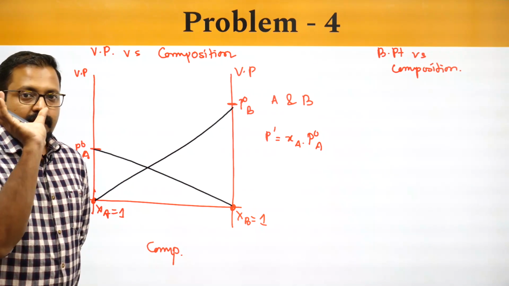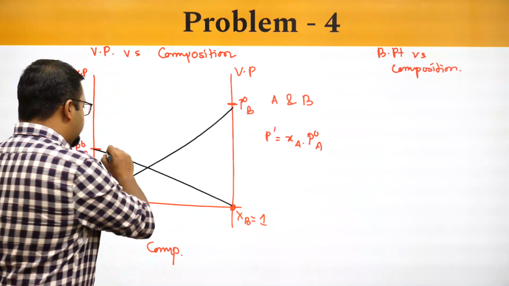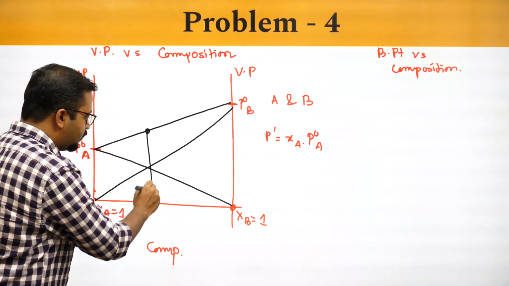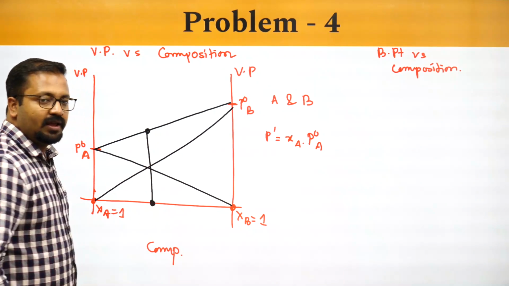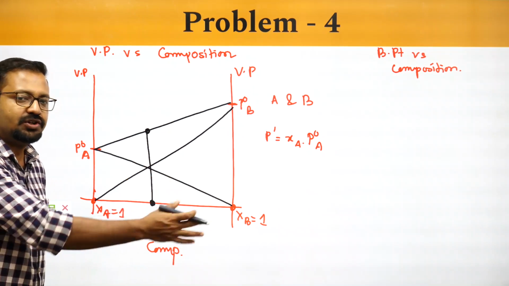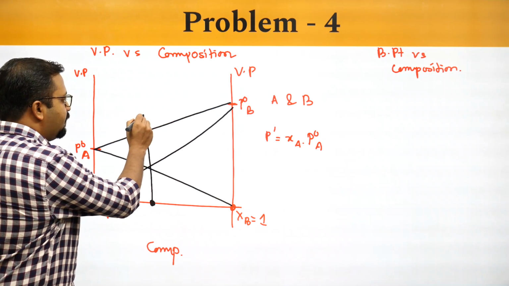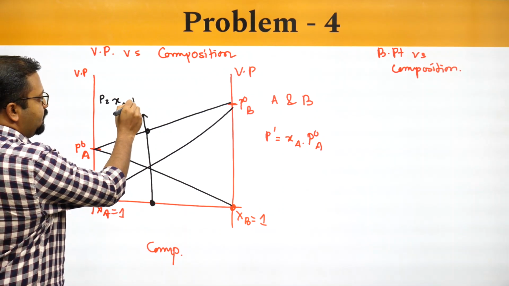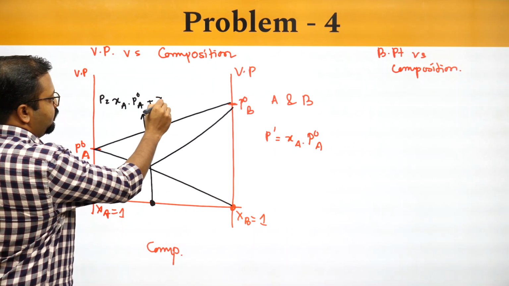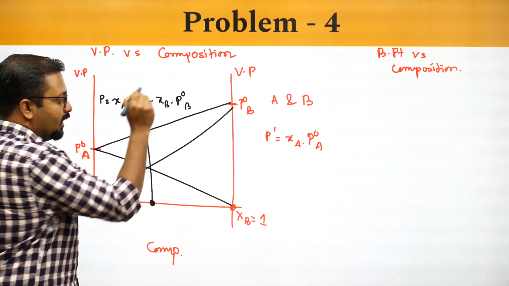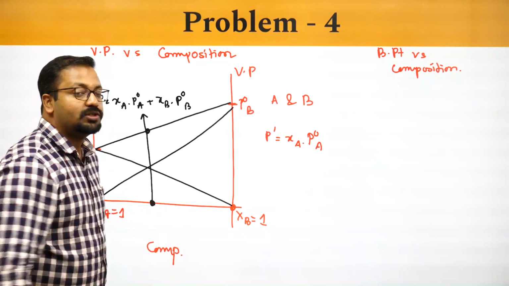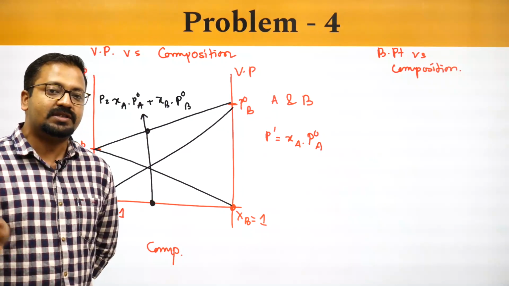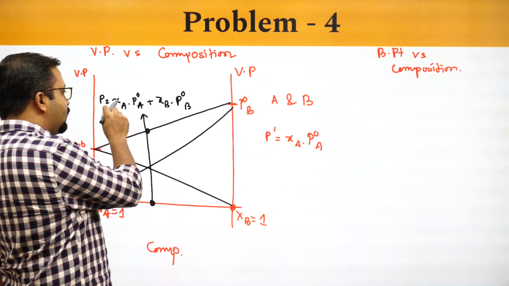What will be the vapor pressure at any intermediate point? Like this. So at any intermediate point, let's say at this point where the mole fraction of A is some value and the mole fraction of B is some value, the vapor pressure will be given as P is equal to mole fraction of A times P naught A plus mole fraction of B times P naught B. So if you remember, our third statement becomes wrong for this reason, because the third statement says that it is equal to the sum of the vapor pressures, but no, it's not.